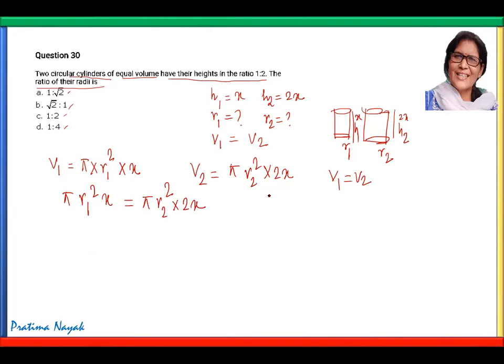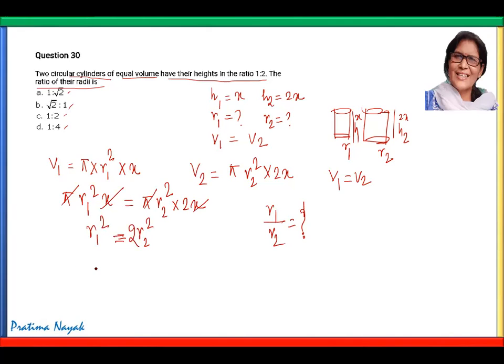We have to find out the ratio of radii, R1 by R2. So I can cancel x, x, pi I can cancel. So R1 square is equal to R2 square into 2. So I can write 2 R2 square.